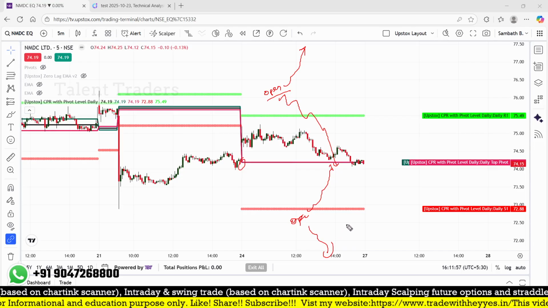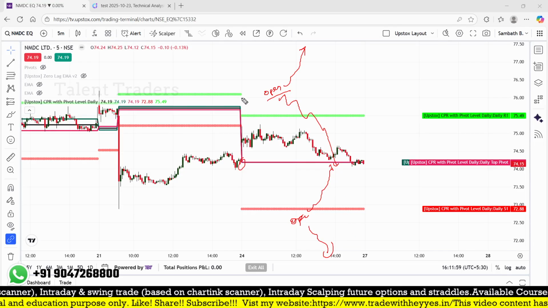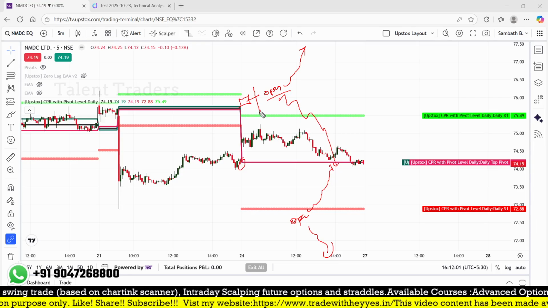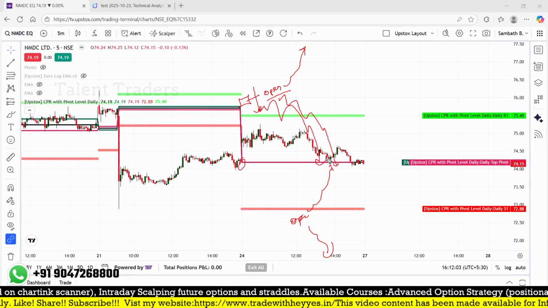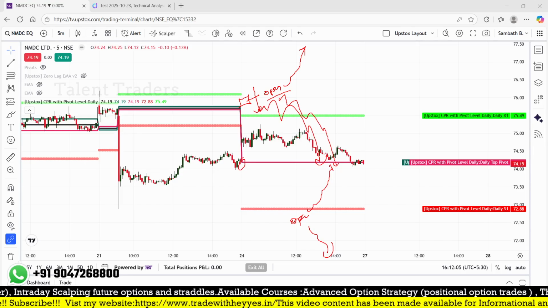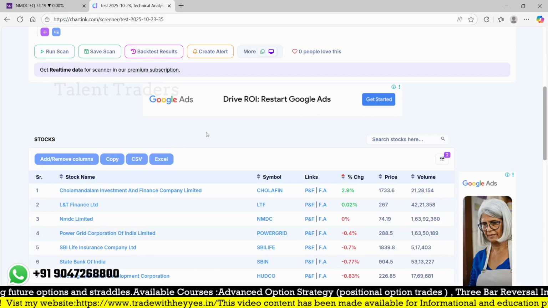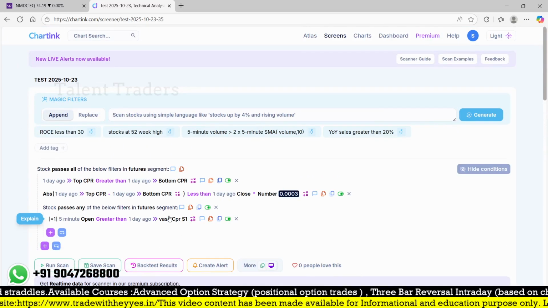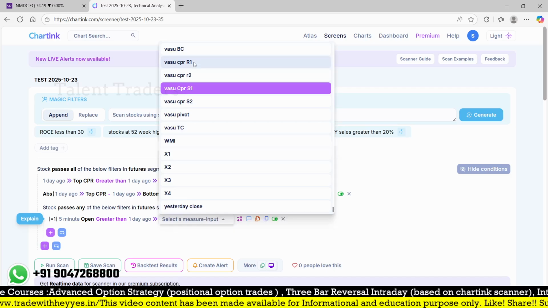But in this particular scanner we created, we find the stock opened above here, and maybe we are looking for it to come down. In this particular line, we have to change it: instead of support we need to use resistance one.